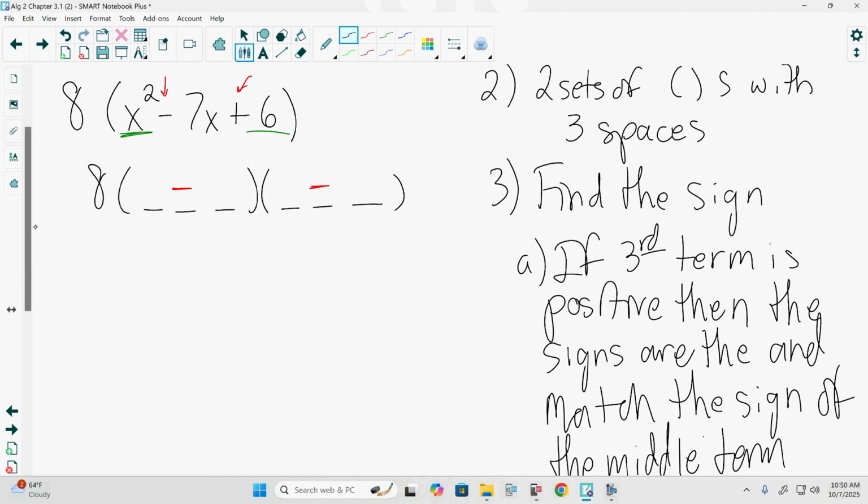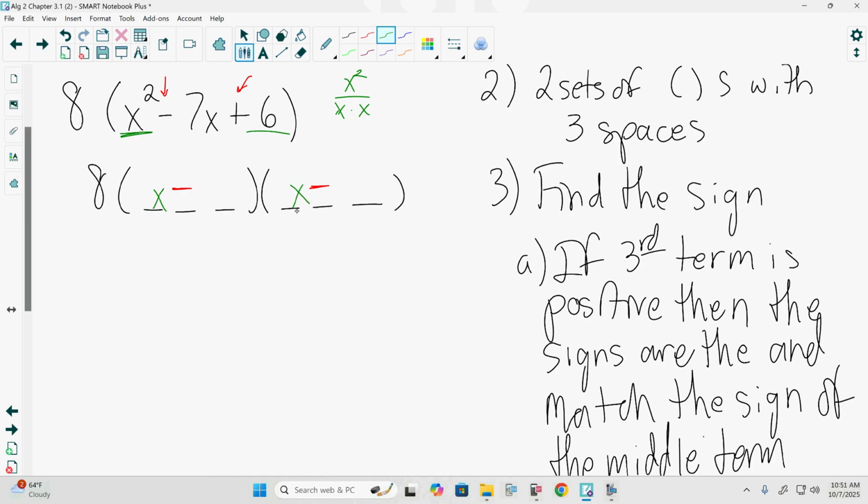So we're looking at the factors of x squared and 6. Factors of x squared are x and x. We can list them out, but there's only one real set of factors for x squared, and that's x and x.